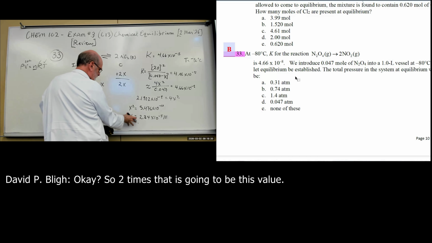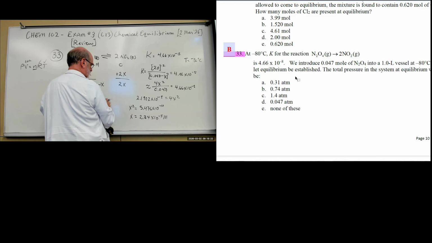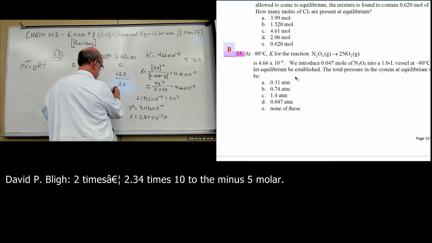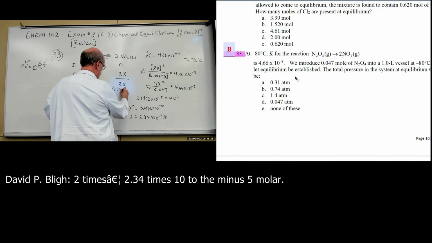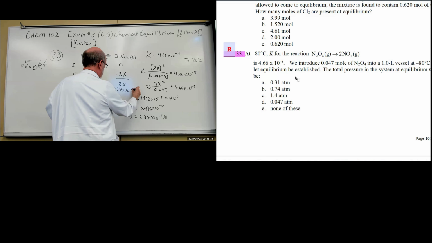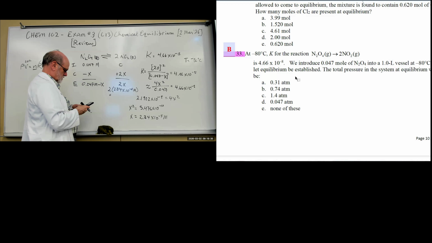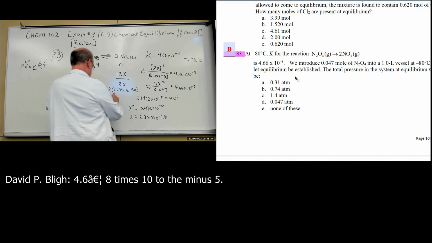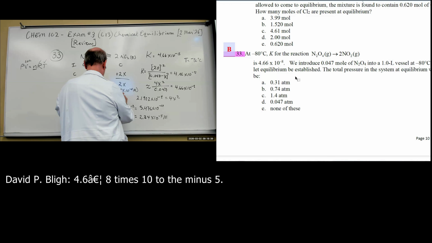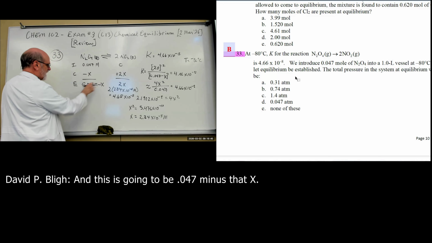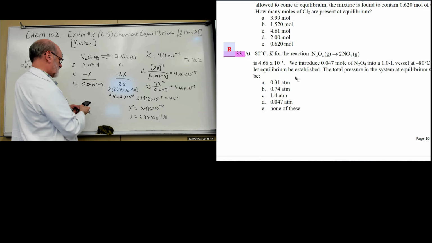Okay, so 2 times that is going to be this value, right? 2 times 2.34 times 10 to the minus 5 molar is equal to 4.68 times 10 to the minus 5. And this is going to be 0.047 minus that x.